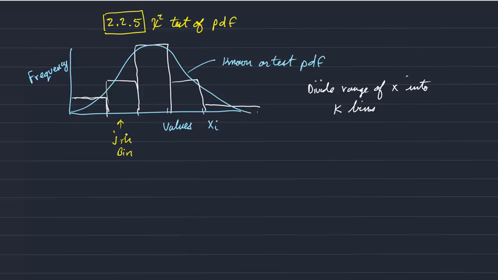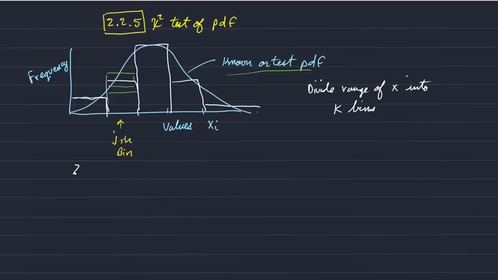If we were to repeat the process, the value in the jth bin might vary. It won't be the same every time, right? Sometimes we'll get a value up here, sometimes down there, and so forth. So there's going to be some natural variability due to just incomplete sampling or even other processes that lead to the jth bin deviating from the expected number based on the known or test PDF.